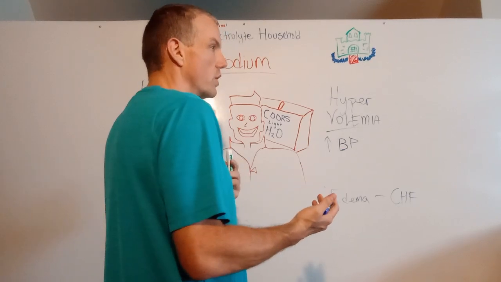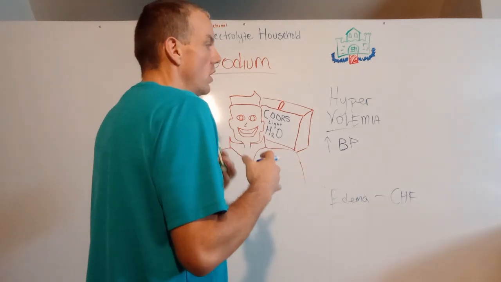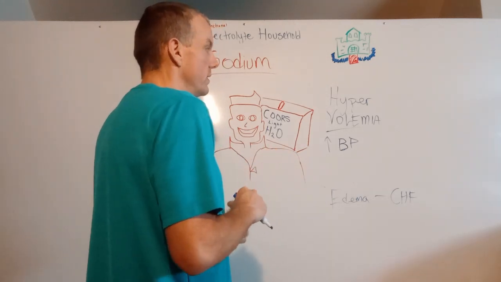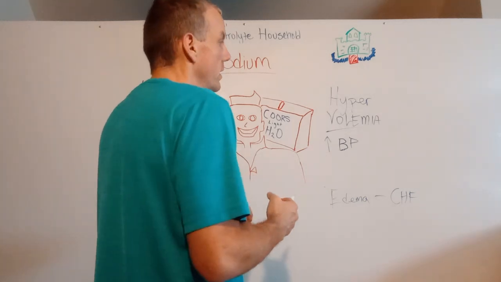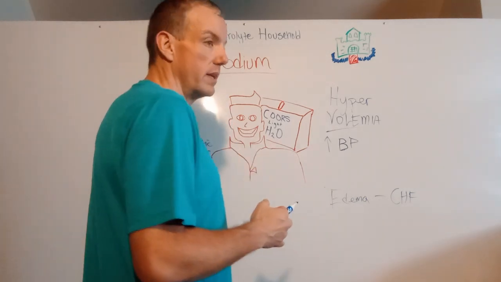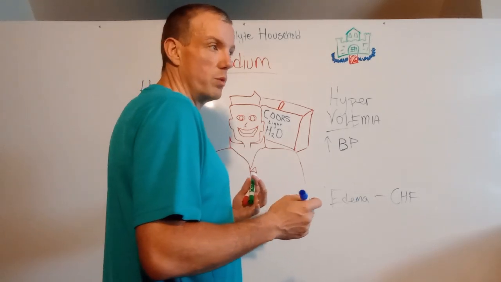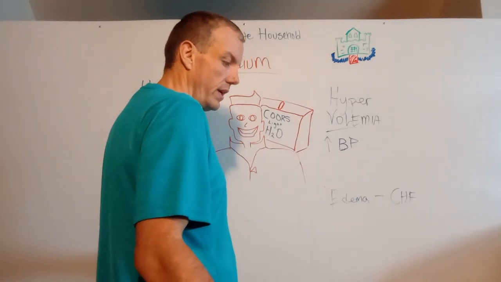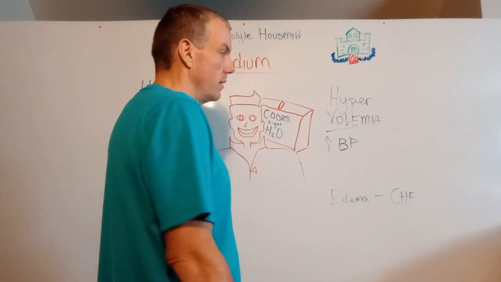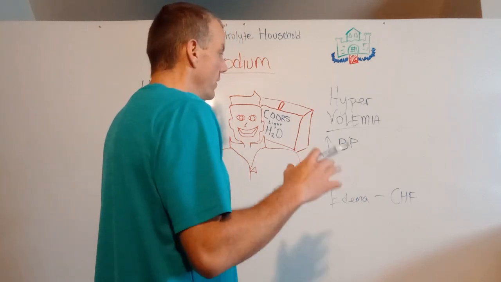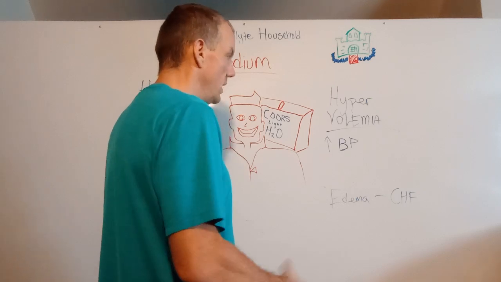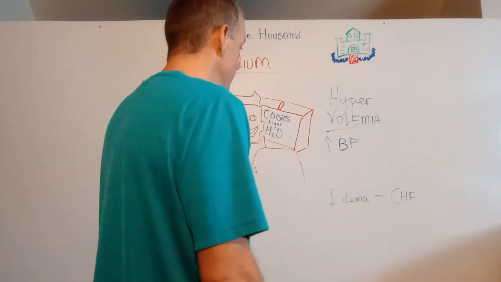The most common compensatory mechanism for low blood pressure is releasing ADH, which causes fluid retention, and then all of that kind of leaks out into the tissues, and that's why you see people with congestive heart failure where everything is just swollen, because all that fluid has nowhere to go. The heart can't really move it, but there's a lot of it, and so it just kind of leaks out into the tissue.